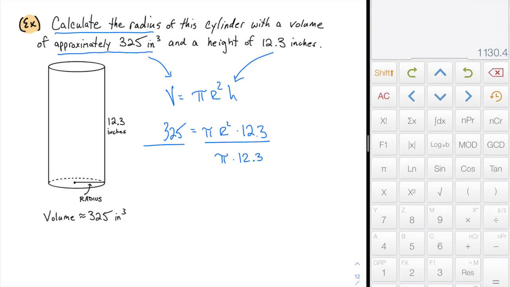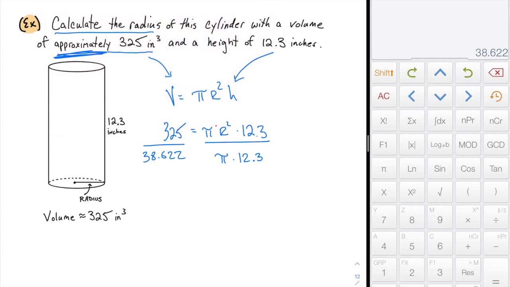But because we're dealing with approximations, I don't want the pi symbol really hanging in there. So I'm going to multiply 12.3 times, not plus, times 3.14, and I get 38.622. Now that's a pretty precise answer, but let's go ahead and use it. I'm using a calculator anyway, so it's not like it makes it difficult.